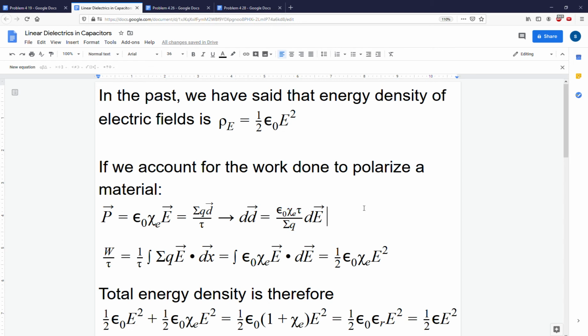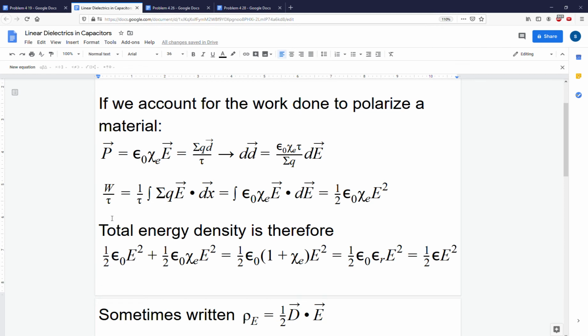Moving a charged particle with an electric field, that is doing work. And so we can say that the total work done per unit volume is equal to 1 over the volume times the total work done being the integral of force times displacement. Force is charge times electric field. And so that's how we get this.